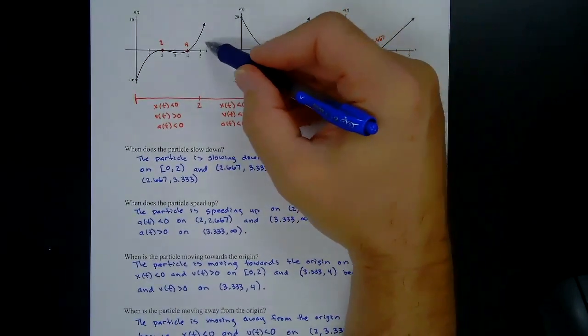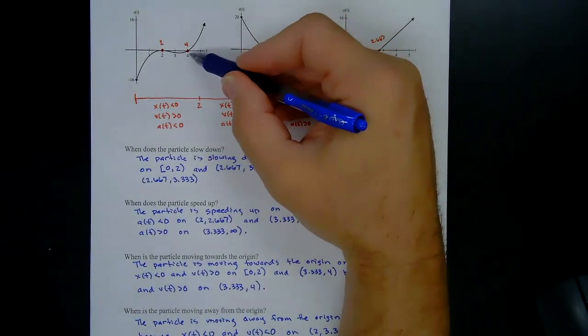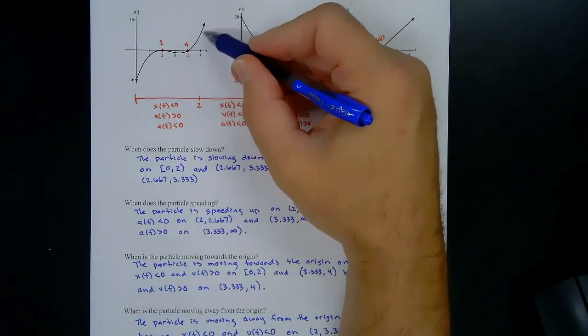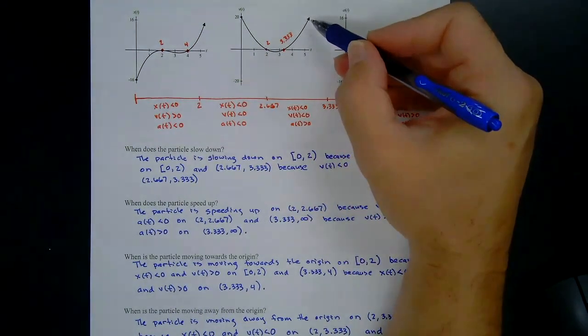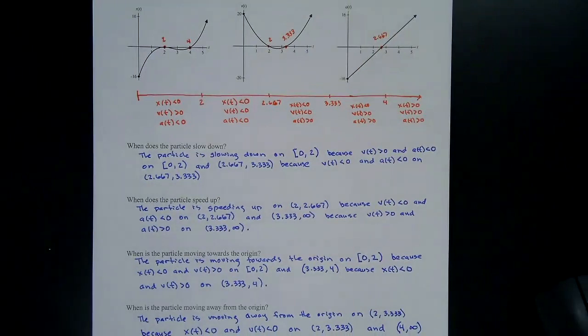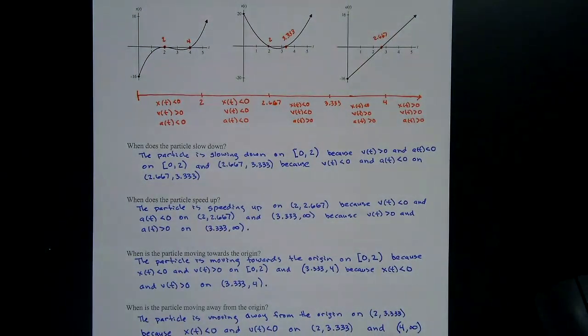I'm referring up here. Position is positive here, and position is positive here, so they're both positive. That means it's moving right. You're on the right side moving right, which means you're moving away.